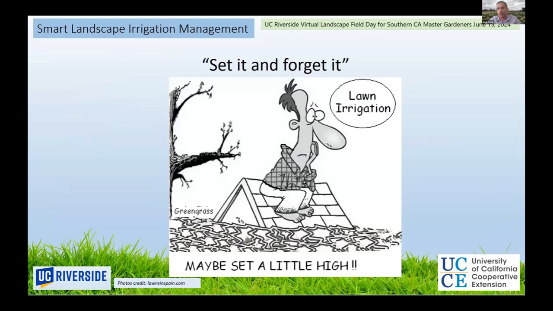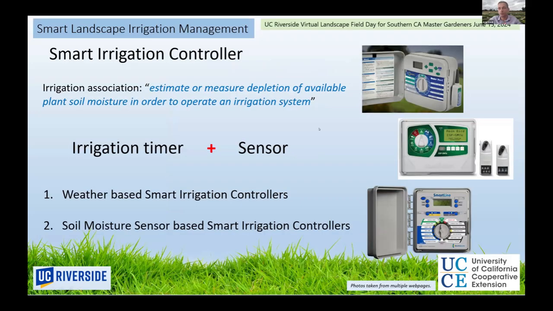It's not all about losing and wasting water, which is important, but also soil erosion and washing away of chemicals and all the other problems associated with over irrigation. That's something that usually happens when you have a timer that you don't adjust over time. And that's when smart irrigation controllers come into play.